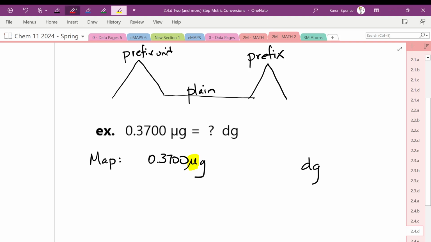Then we're going to convert to the plain unit. What's the plain unit? Grams. The plain unit is the one without a prefix. And then we can go to the other prefix unit.